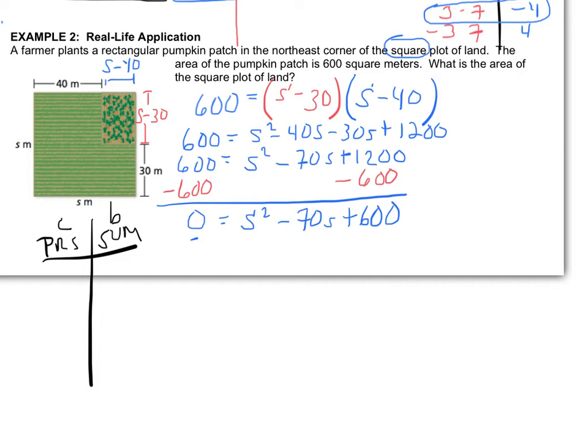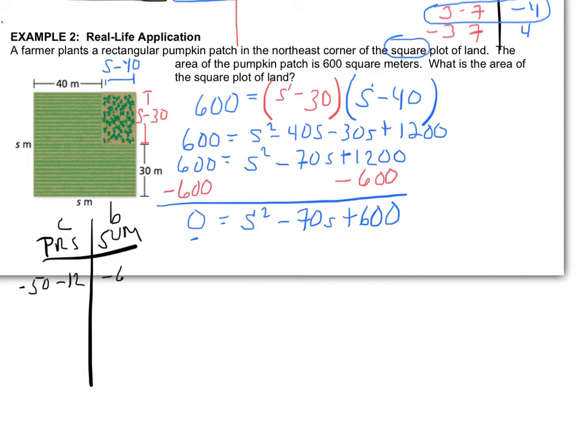Then I want to start thinking, well, if I do negative 1 and negative 600, and I add that, not even close to 70. If I was to do 50 and 12, it's closer, but it's not going to get me there. If I was to do 25 and 24, it's not going to get me there. So I certainly have a whole bunch of pairs that I can try, and some trial and error. So let's just say we mentioned 50 and negative 12.